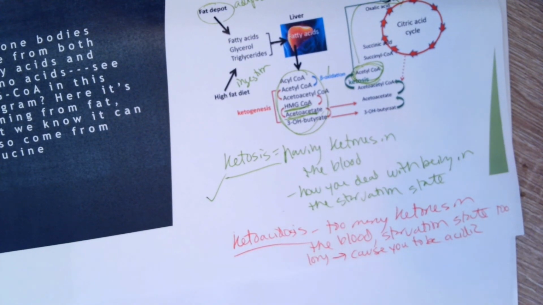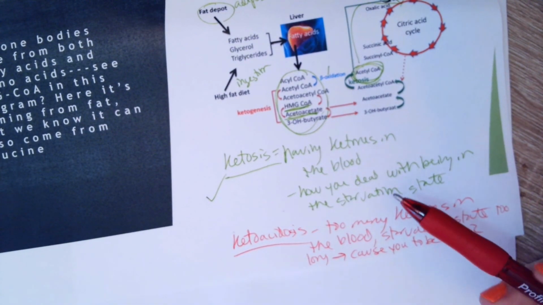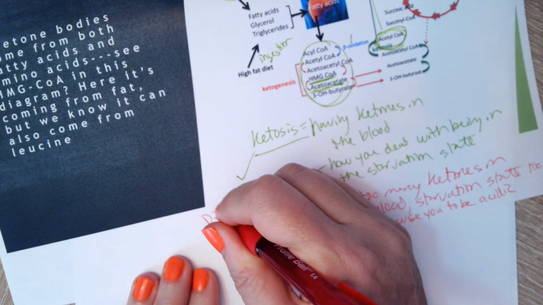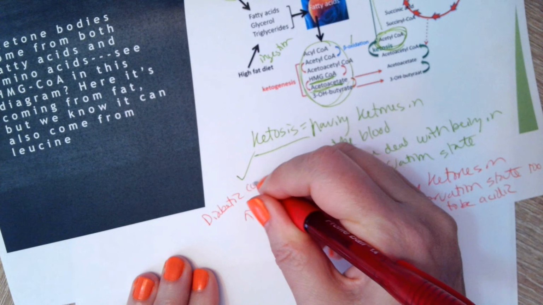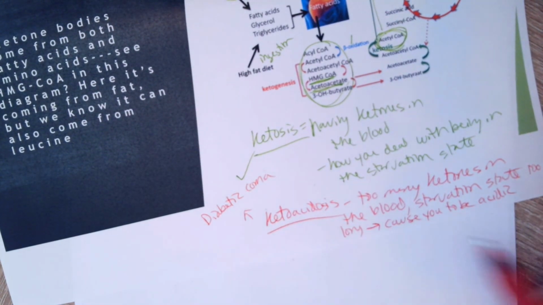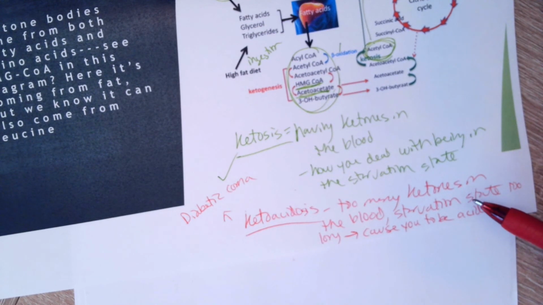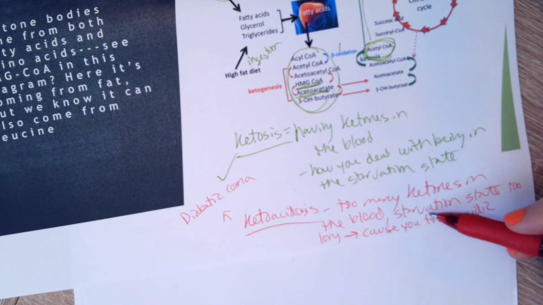If you've ever heard of somebody being in ketoacidosis, which you probably have, such as a diabetic going into a diabetic coma when ketoacidosis becomes too severe, that is because when a person is severely diabetic and they're insulin resistant, or they don't have enough insulin, their cells do not have access to glucose for ready energy, and they can end up relying too much on ketones. It's as though they're in the starvation state.